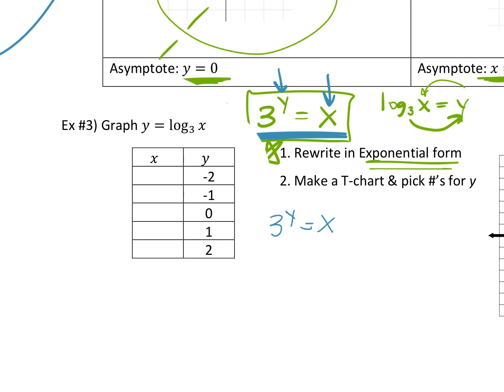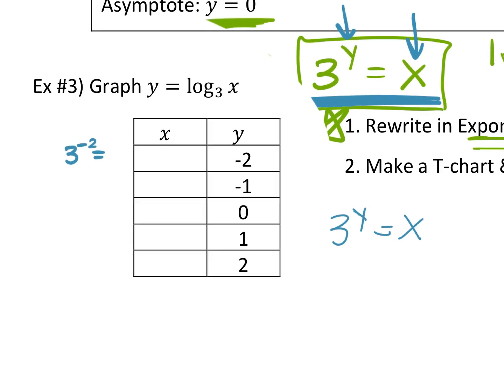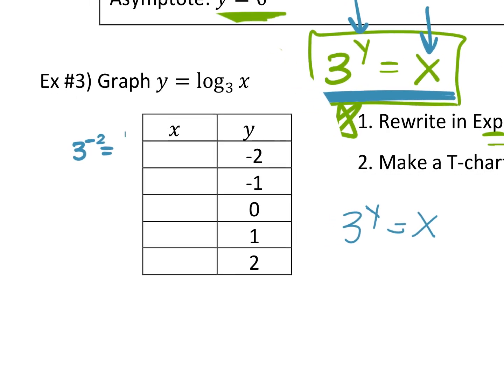So this is going to be 3 to the -2nd power. What is 3 to the -2nd power? 1/9, yeah. So it's 1 over 3 to the 2nd, which is 1/9. Okay, so we plug it in for the -1. 3 to the -1st power is 1 over what? 3 to the 1st, which is 1/3.